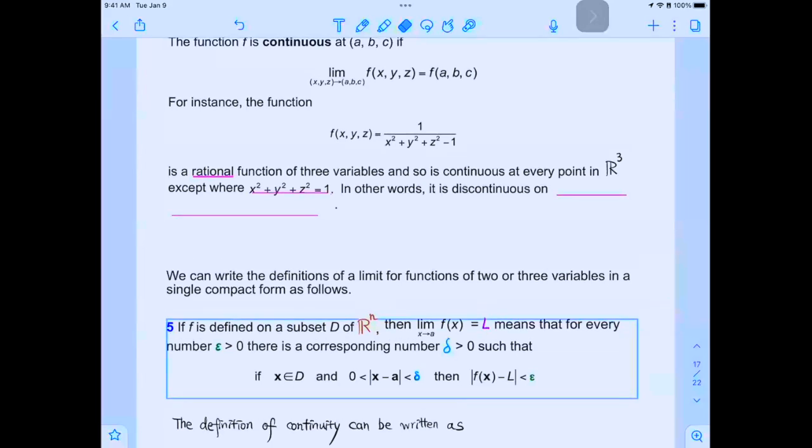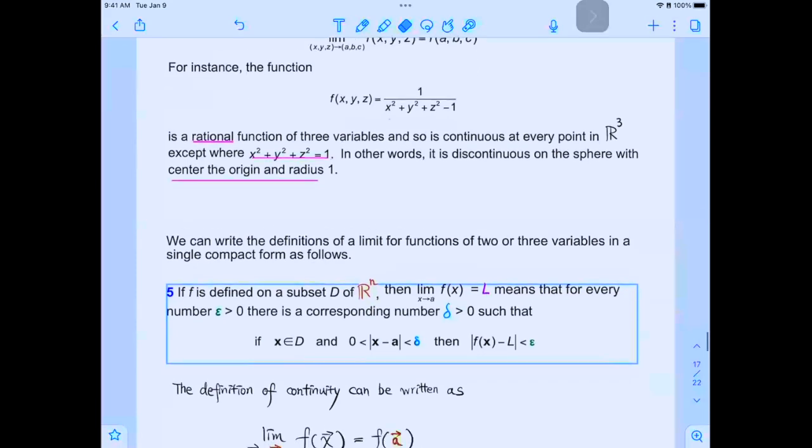So this function is going to be continuous everywhere except on the sphere with center at the origin and radius 1. So imagine in R3, right? The function is continuous everywhere except you take away the sphere. Okay, you take away the sphere, that's where the function is not continuous. Okay. All right, so next one.